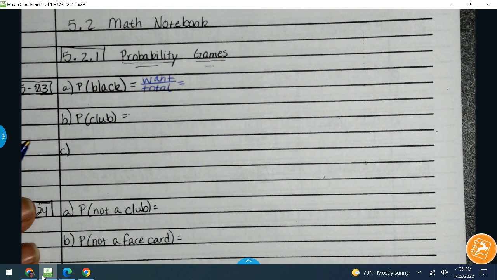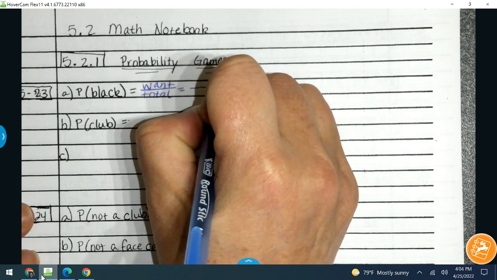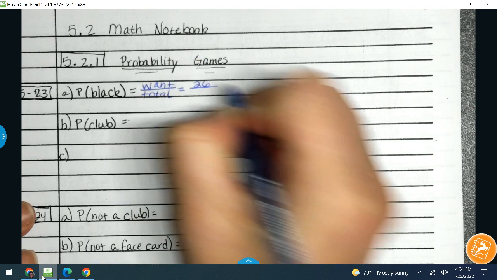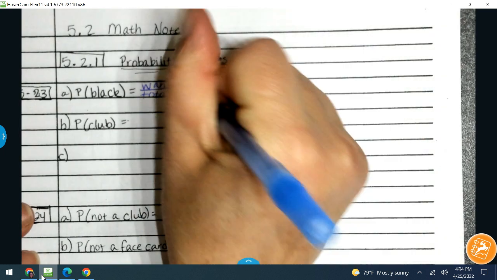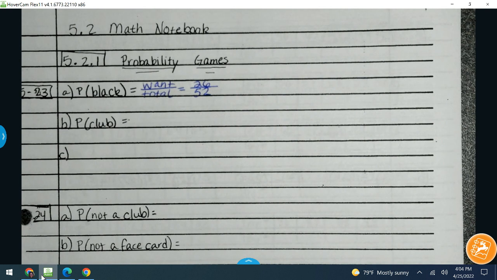Okay? So in this case, we're talking about the number of black cards in a standard deck. A number of students today will have told me that we have 26 black cards out of the 52 cards, and they are absolutely correct. We have those 13 spades, 13 clubs, add those together, I get 26 out of the 52 total, and that is it.